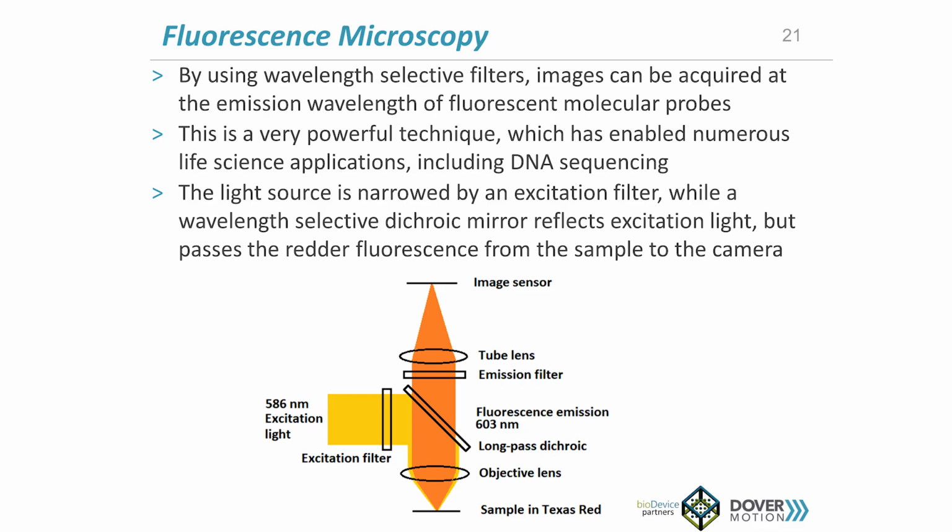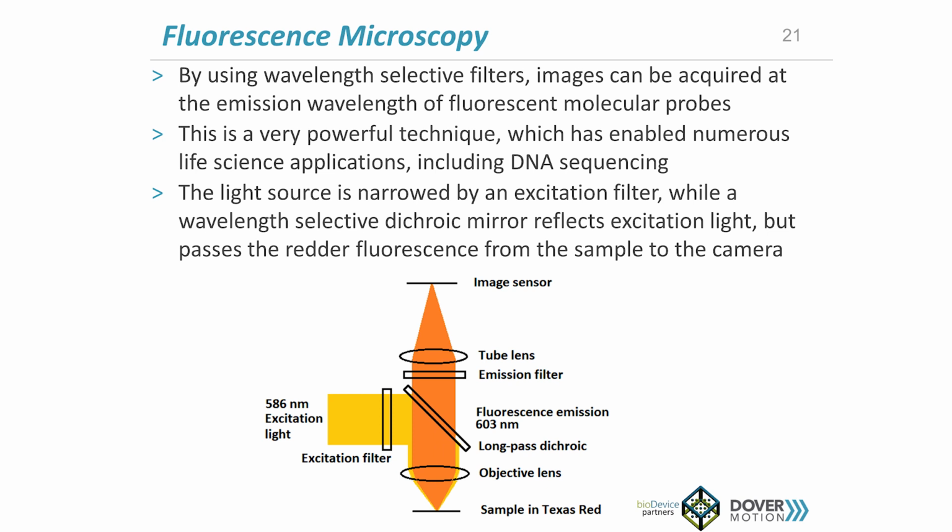of fluorescent microscopy. Below is a representation of a typical fluorescence microscopy system, whereby you have excitation light coming in, maybe from an LED, which is narrowed down by an excitation filter, and then is reflected off of a dichroic mirror down through the objective onto the sample. In this case, the sample might be in Texas red, where we'd have 586 nanometer light coming in from an LED to excite Texas red.